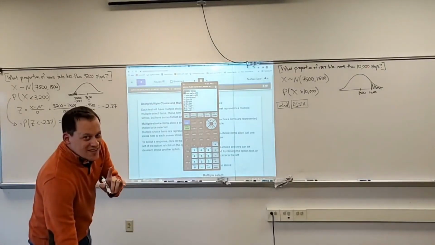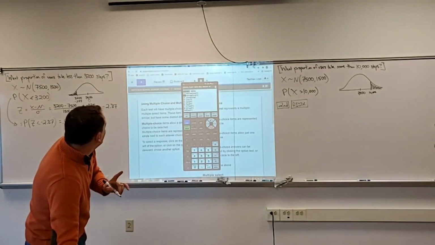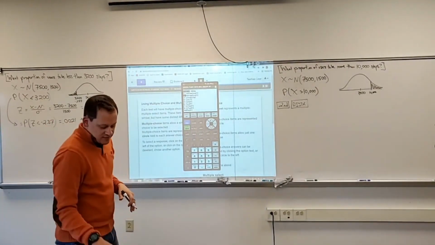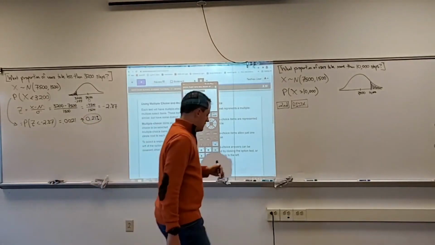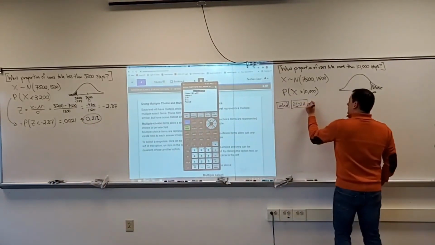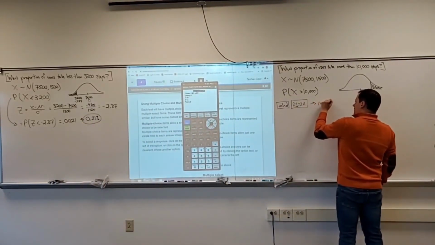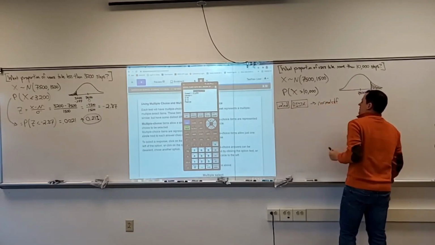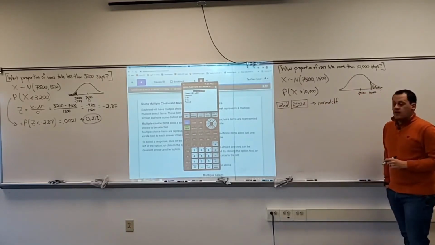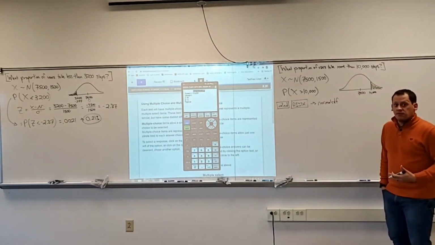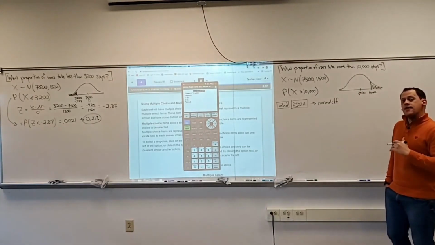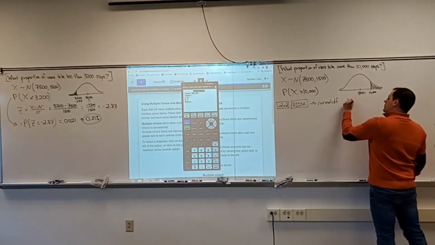We don't use normal PDF, right? No. We always go down to normal CDF. And it wants the same four things as before: lower, upper, mean, standard deviation.